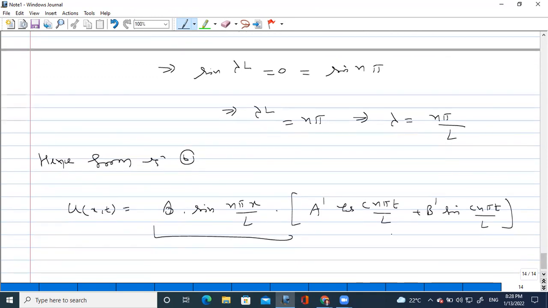Okay. Now what I can do here, actually n values are so many. Here n is equal to 0, 1, 2, 3, 4, dot, dot, dot, up to infinity. So it will give you an infinite series. Understood? Because this B is also a constant, it can be multiplied with A dash, so that will give you a different constant. This B will be multiplied with B dash, that will give you a different constant.